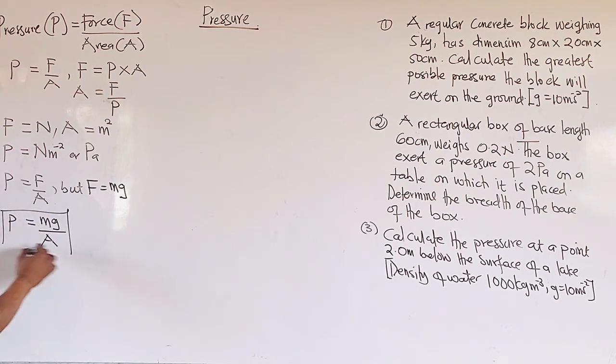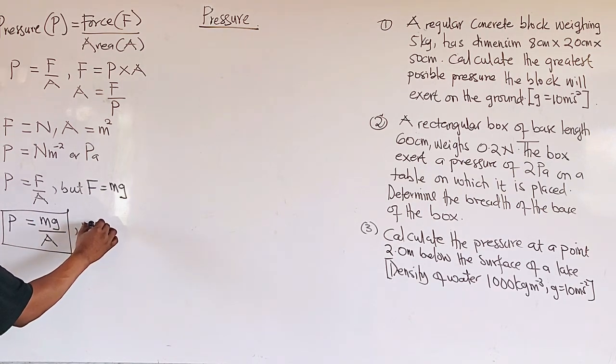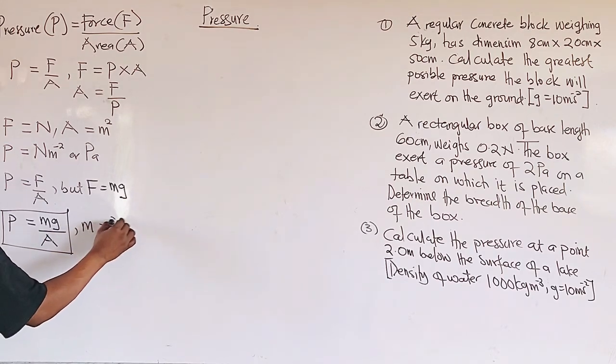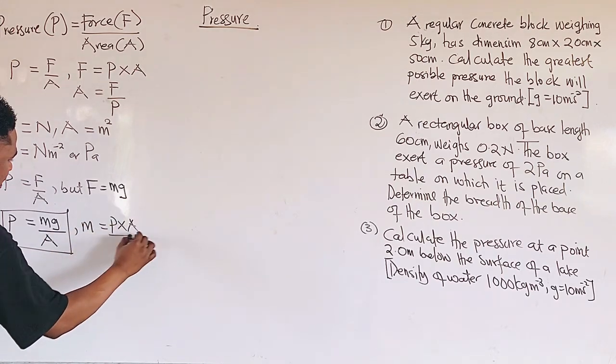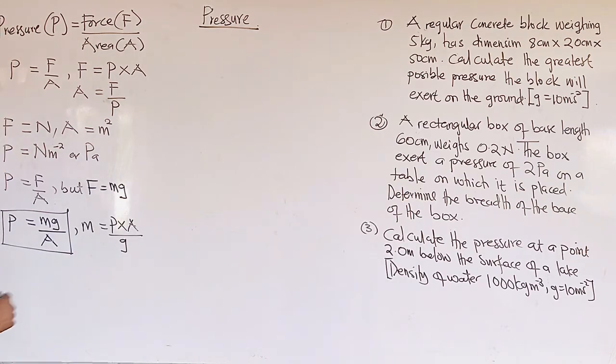So we can also use this formula to do our calculation. We can even be asked to find the mass from this formula. Therefore, making mass the subject, mass will be equal to pressure times area, divided by gravity, as we can see here.